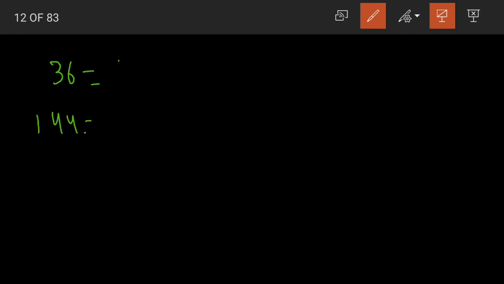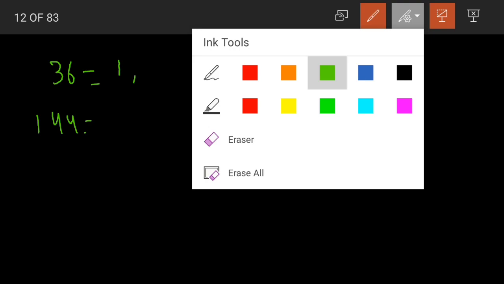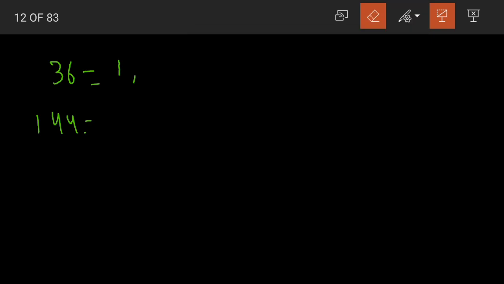36 and 144. What are the factors of 36? 1 36s are 36. Yes, sorry. Again, if you remember, children, I have asked you to write factors in ascending order. So that is why I am writing 1 here, 36 here. Then in 2 table we have 2 18s are 36.